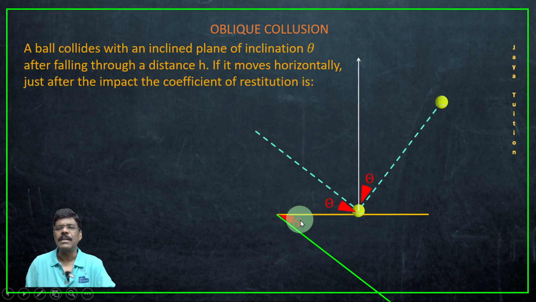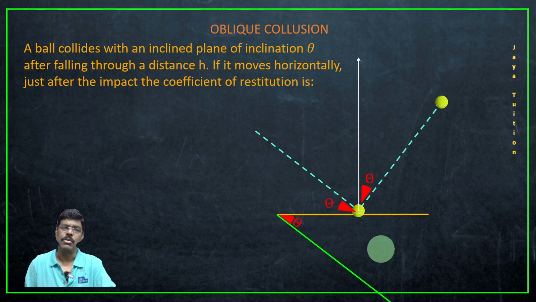The angle of inclination is equal to theta, and therefore the ball will come in this direction and go in the direction along this particular part. So the angle made by the direction of the ball proceeding will be equal to theta. The angle of approach of the ball with the vertical is also equal to theta. So that is what the geometry is about.